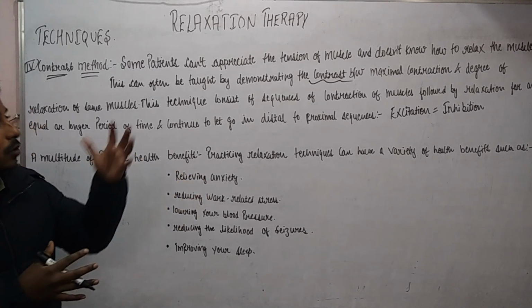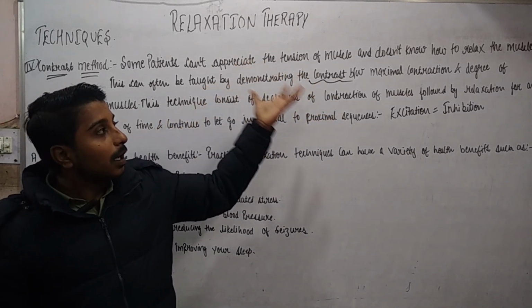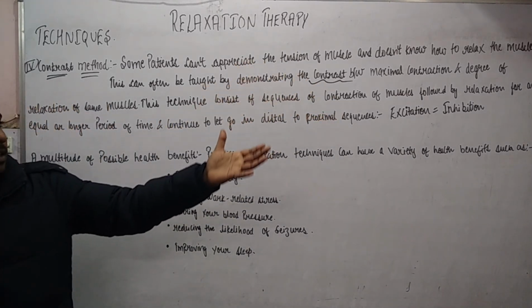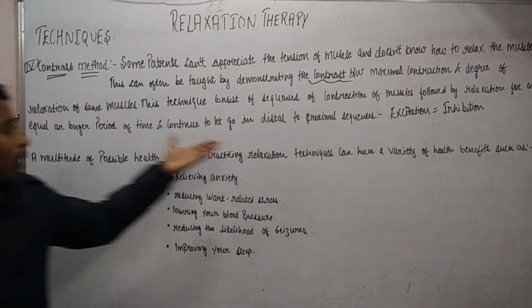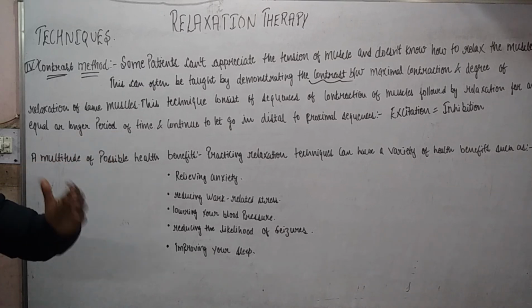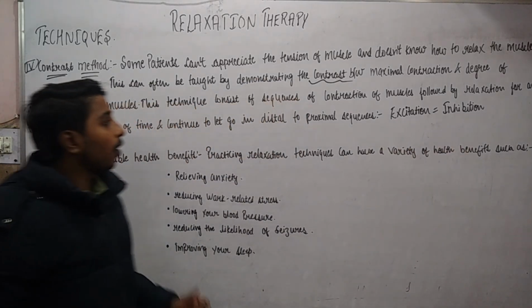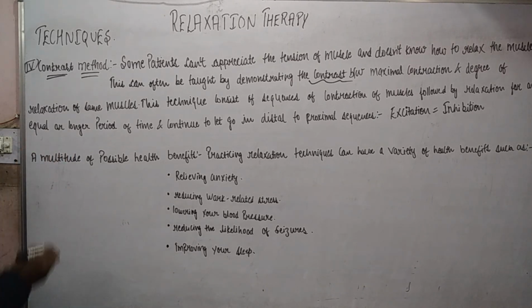So it is just to make the person able to understand the difference between a tensed muscle and a relaxed muscle, that is by maximal contraction followed by a degree of relaxation. This technique consists of a sequence of contraction of muscle, followed by relaxation for an equal or longer period of time.